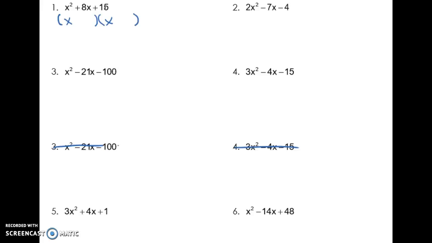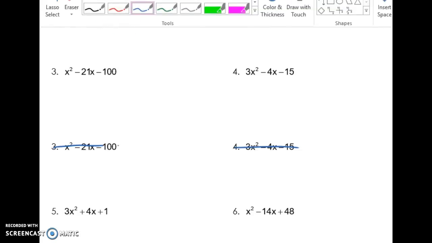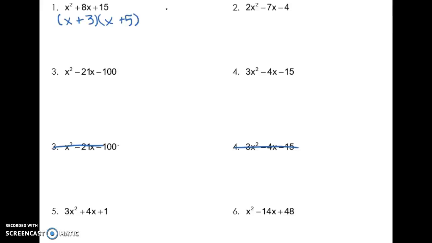So I'm going to go ahead and see if those work by putting in a 3 and a 5. And the way I'm going to check it, if you remember the area model, we looked at that diagonal piece to see if they added up to the middle term. We're going to do the same thing, but in a different way. We're going to look at these terms here. So 3 and x gives me 3x when I multiply those.